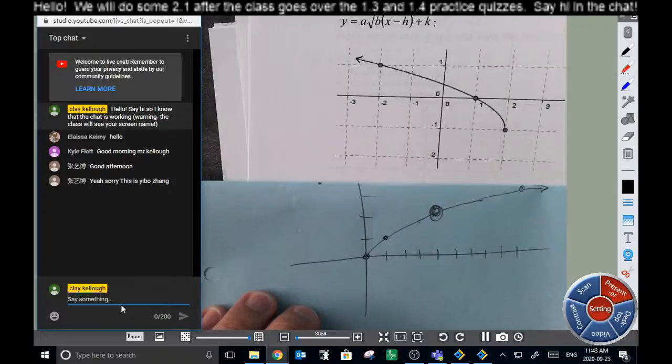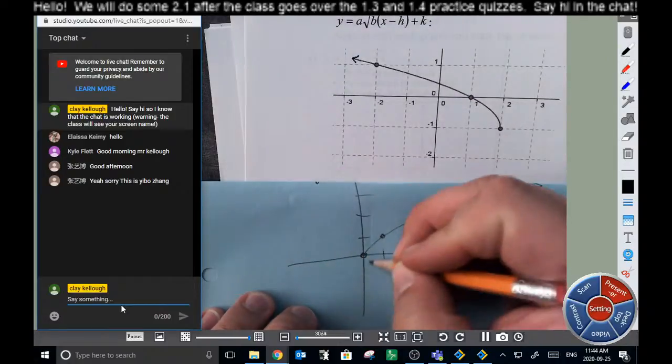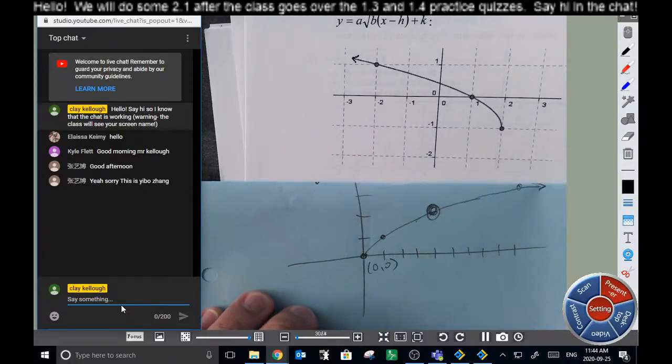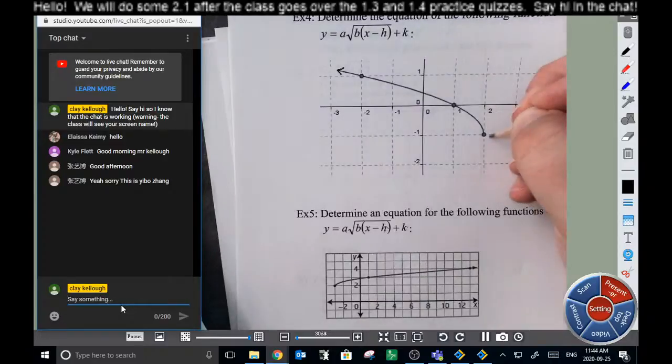First things first, the square root of 0 is 0, and if I start here at 0, 0, any stretch of 0 is meaningless. We just learned that in our last quiz. So H and K have to be here.